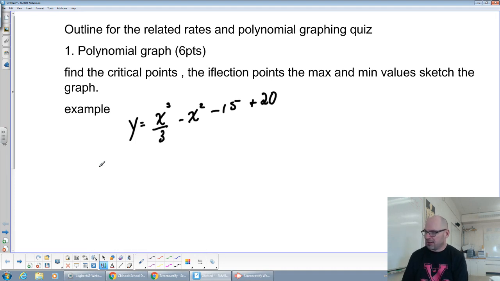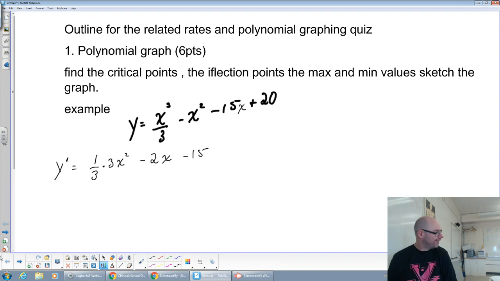Critical points are found by taking the derivative and setting it to 0. So we got to do y prime. So this is 1/3 times 3x squared, because that's 1/3, minus 2x. Oh, this is an x here, sorry. Minus 15 plus whatever. So when you multiply these two numbers together, you get x squared minus 2x minus 15.